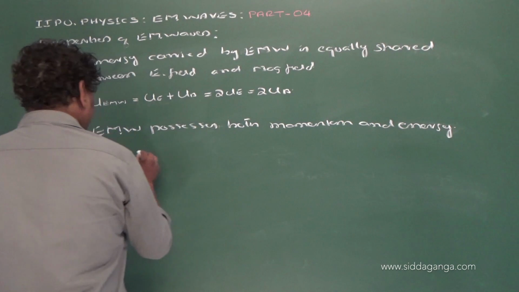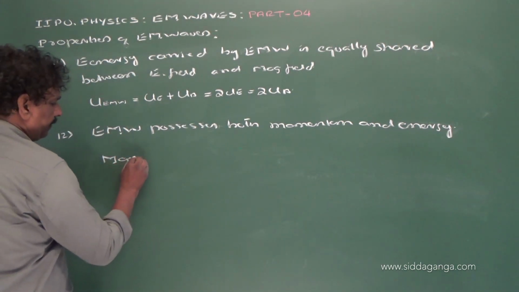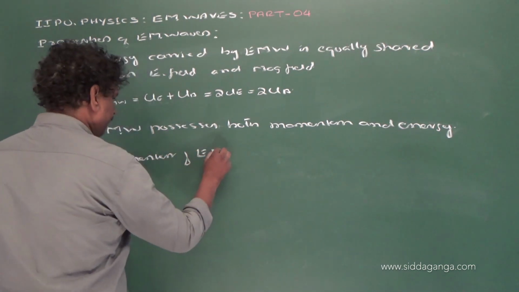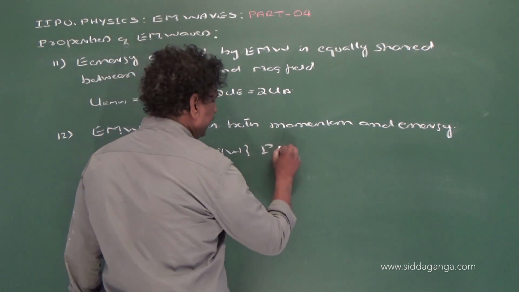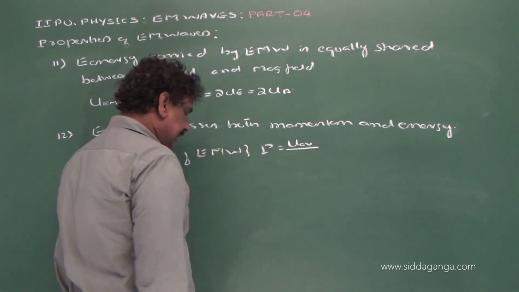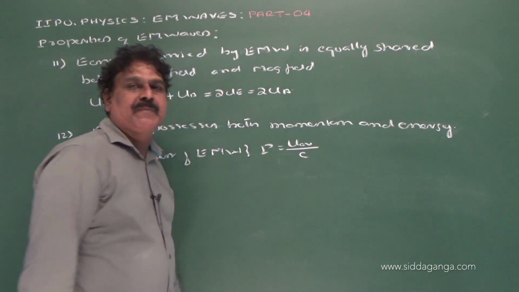Now, momentum of electromagnetic wave. Momentum of electromagnetic waves is P is equal to average energy of electromagnetic wave by C.